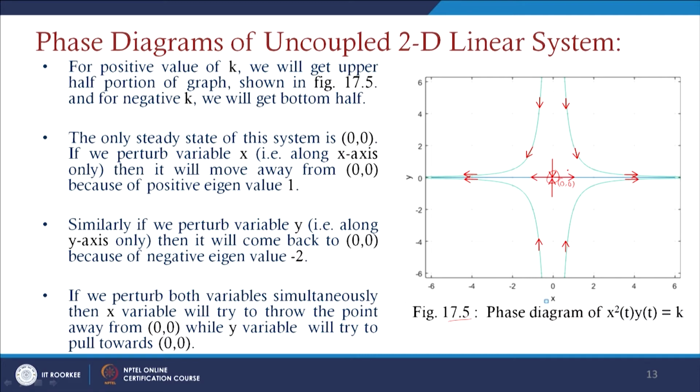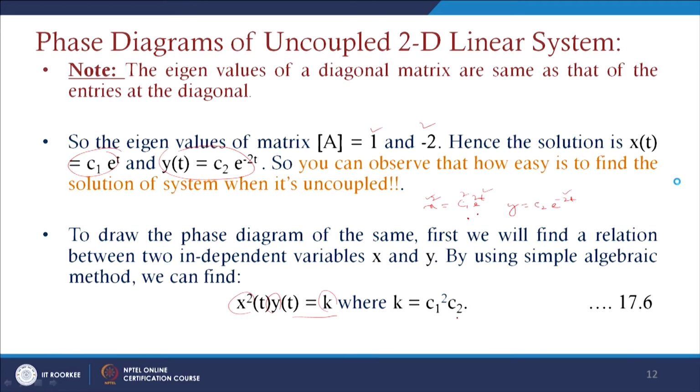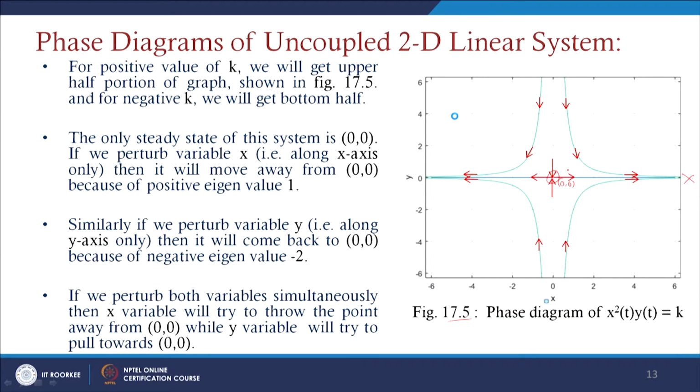If we analyze this, we find that if we plot variable x along the x axis, it will move away from 0 0 because of a positive eigenvalue. Since we obtain 2 eigenvalues, for 1 it is going away from the origin, and for minus 2 it is coming towards the origin.